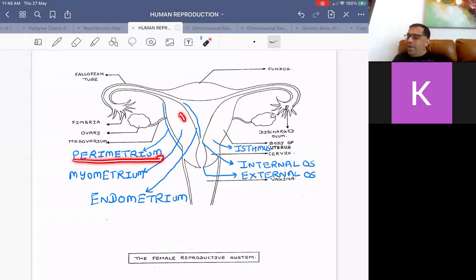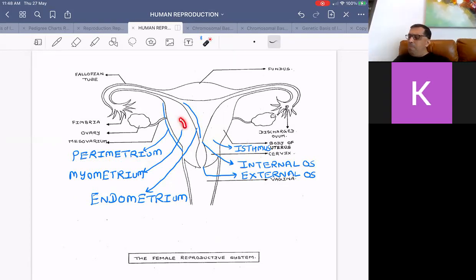And then we have the middle layer called myometrium. It is muscular and it will allow the uterus to tremendously expand throughout pregnancy. And 9 months later, the same myometrium contracts.